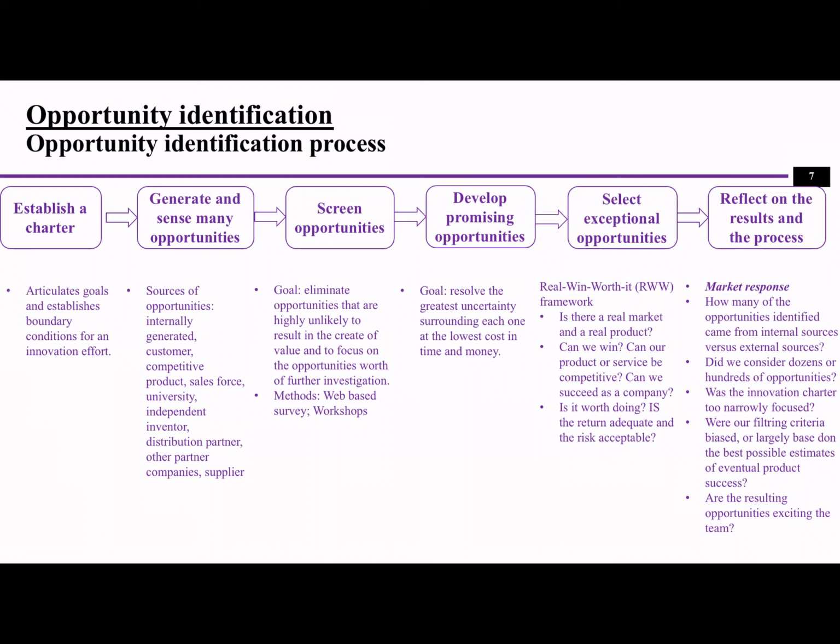So basically, the goal of screening opportunities is to eliminate opportunities that are highly unlikely to result in the creation of value, and to focus on the opportunities worthy of further investigation, right? There are many different ways to screen opportunities. Either we can do a survey, right, to list all these opportunities, and then see which one has got the most likes.